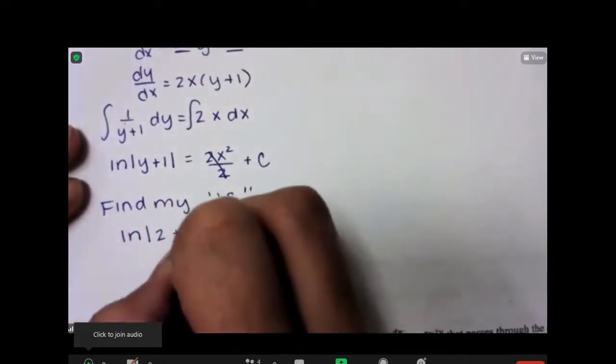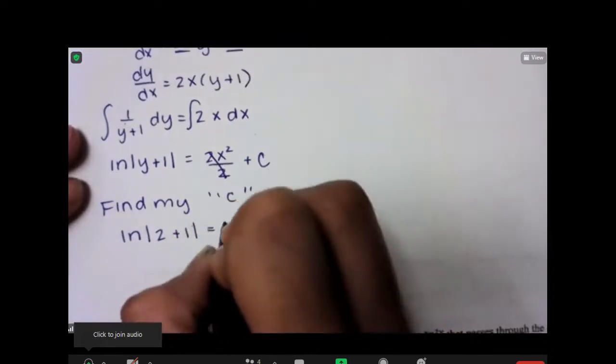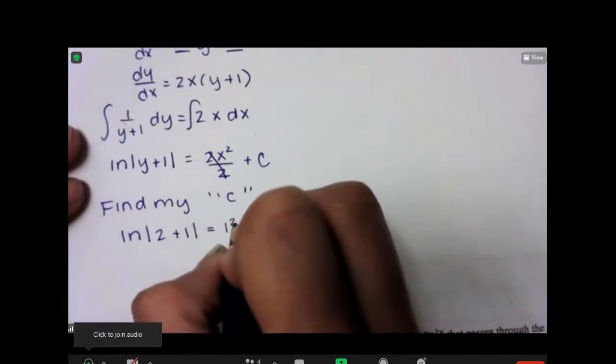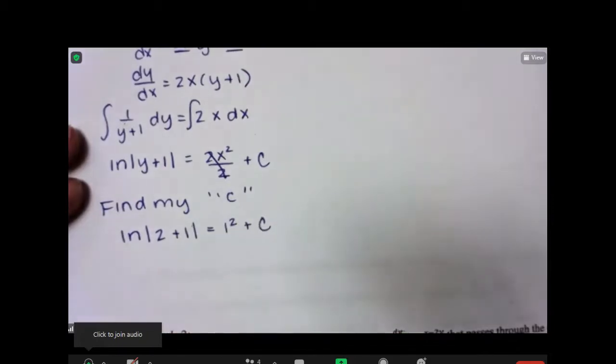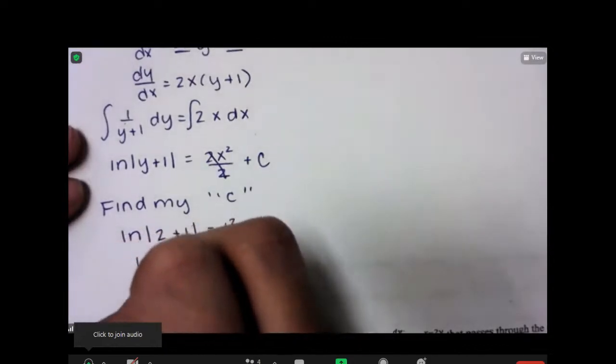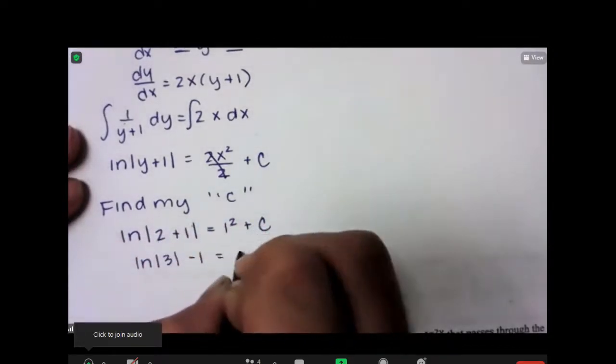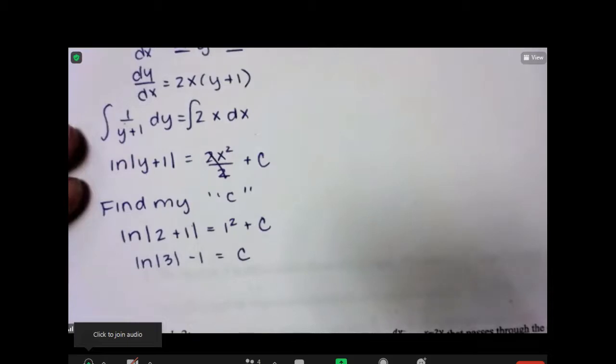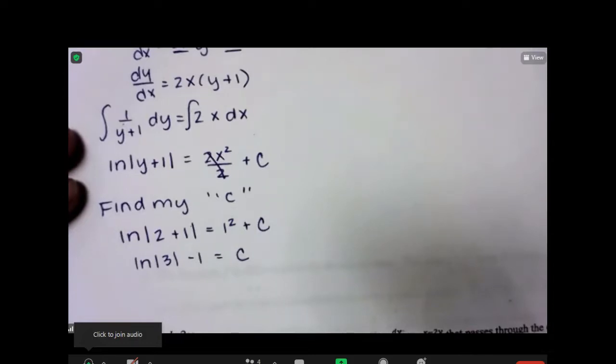So we have the natural log of 2 plus 1 equals 1 squared plus c. So the natural log of 3 minus 1 equals c. And we're going to just plug that in and use it throughout the course of the problem.